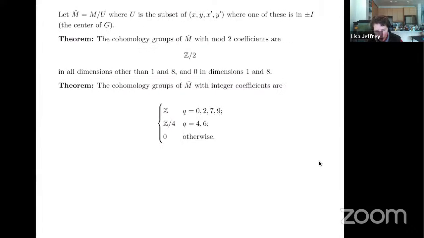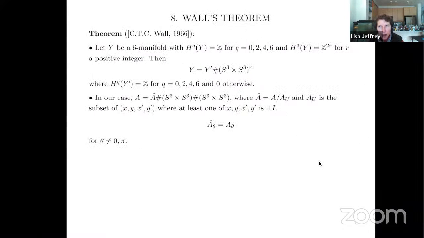And that really comes from that decomposition. I would like to note Wall's theorem. Wall proved that if Y is a 6-manifold where all of the integer cohomology groups are Z in degrees 0, 2, 4, and 6, and some even power of Z in degree 3, then Y is the connected sum of some space Y prime with a number of copies of S3 cross S3.